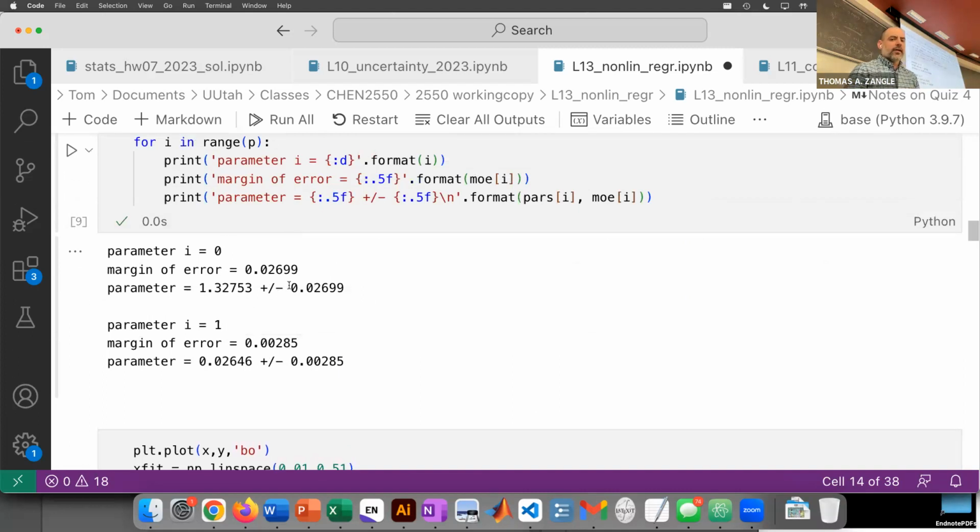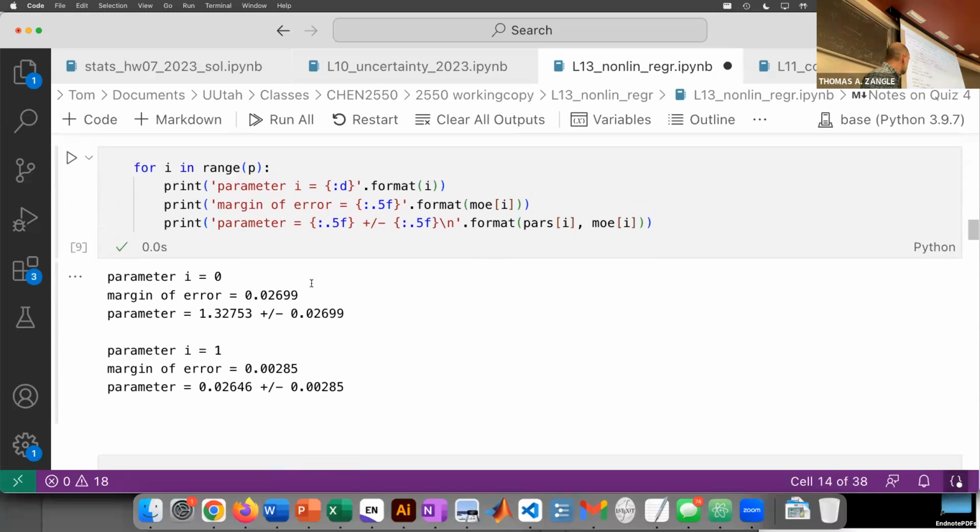So this gives us a sense that the parameter values we estimated are ones we know pretty well from this data set, because we have pretty tight 95% confidence intervals on those values. We can say we have a pretty good sense that this value is 1.33 and probably not 1.4, because we have such tight confidence intervals here. In fact, I'm going to change this.